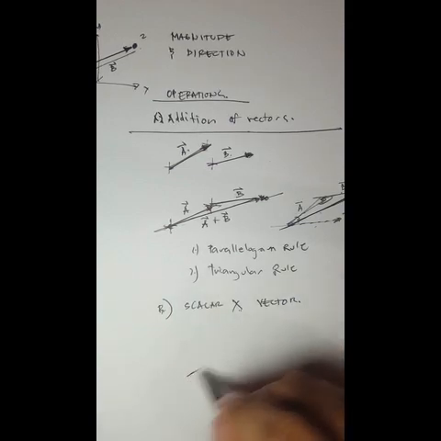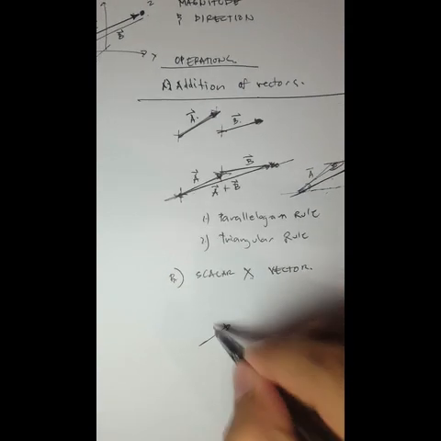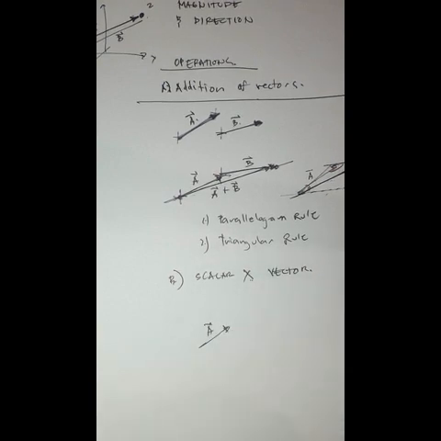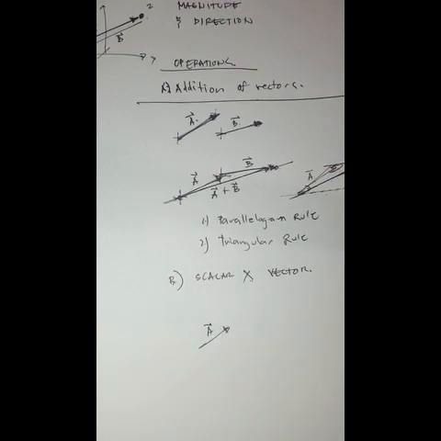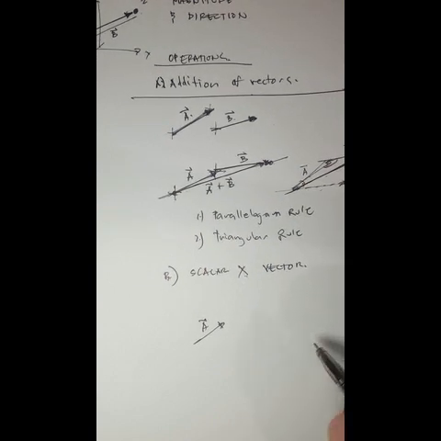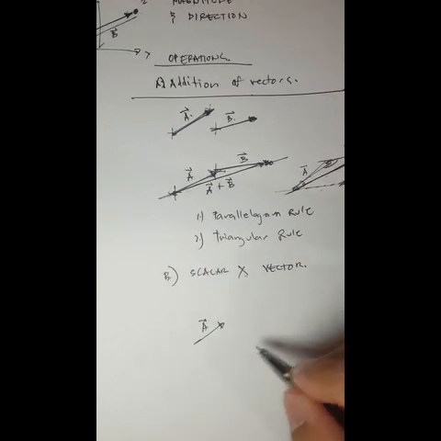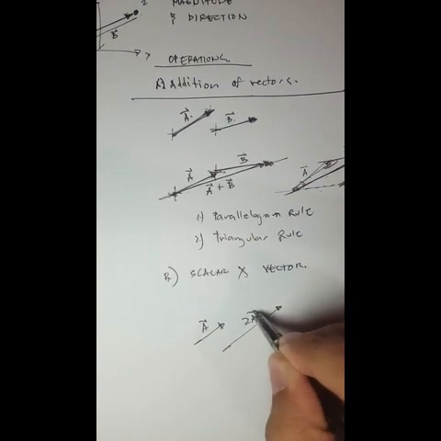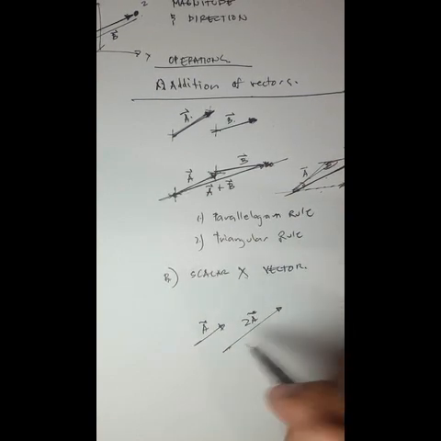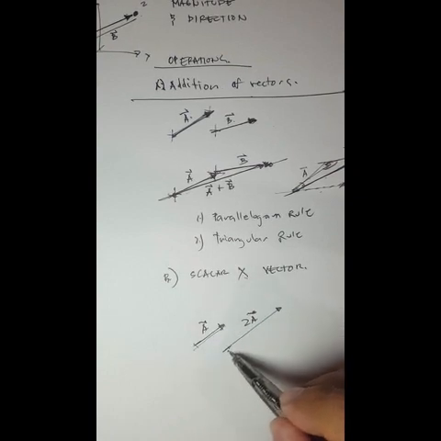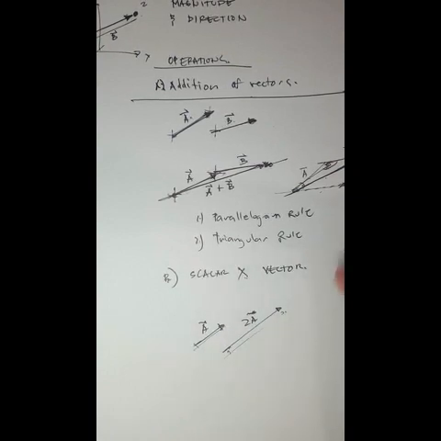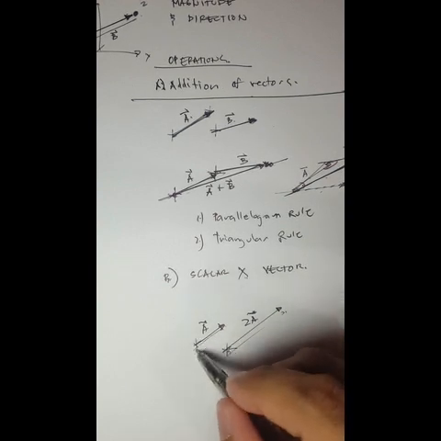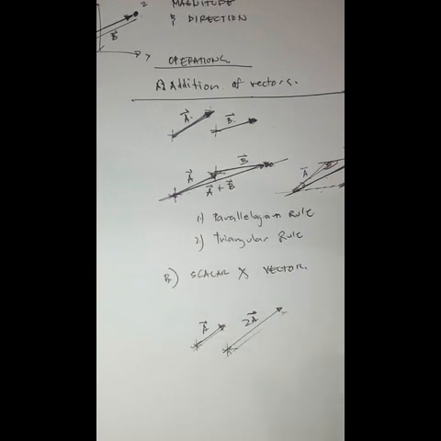For example, this is your vector A. So vector A, you try to multiply it by a magnitude, or let's say just a scalar value. Let's say the scalar value is 2. If you multiply that, what you get is just 2A. So we see that this length is just multiplied twice, but the direction is the same. Okay, so that's just it.